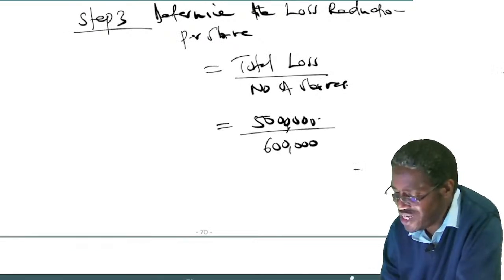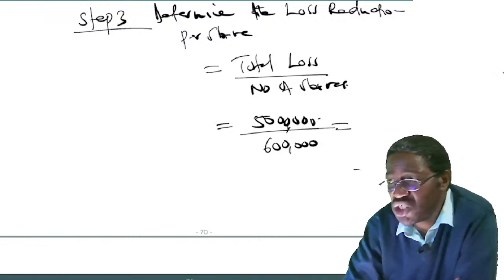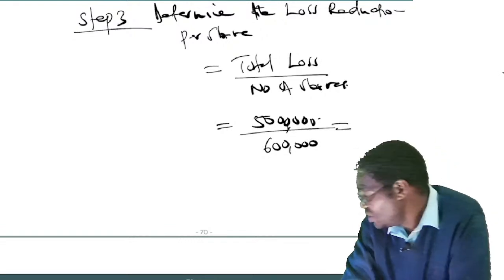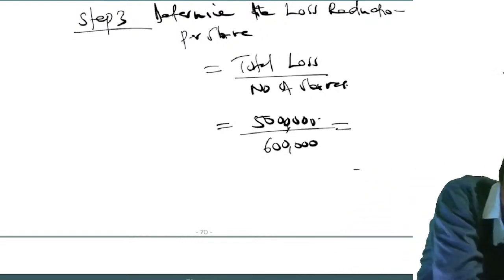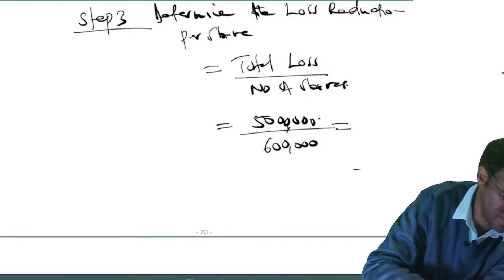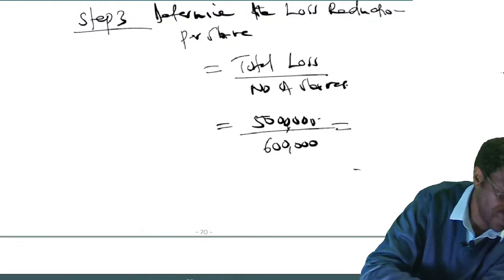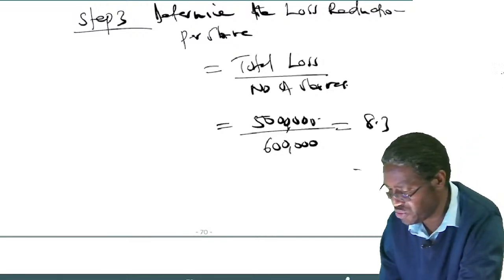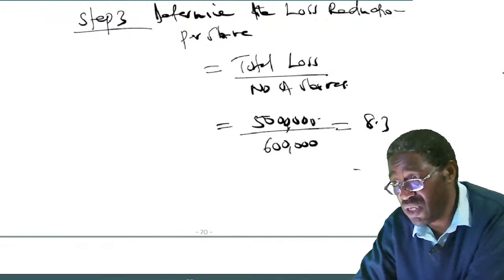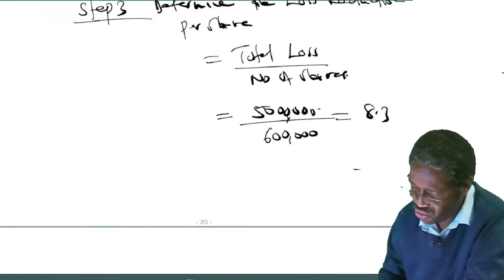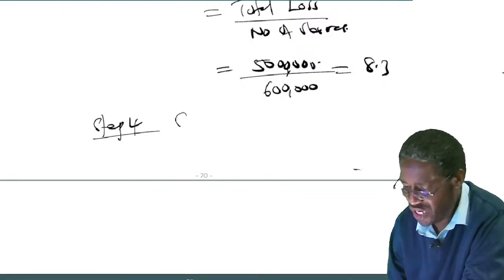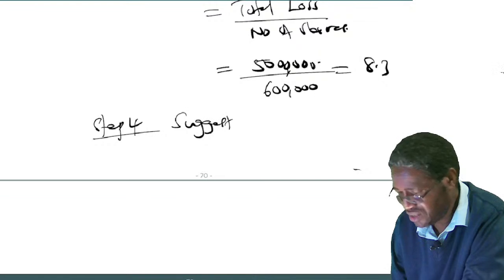So what shall we recommend as the amount to be written off per share? Let me divide 5 million by 600. That comes to something like 8.3. That is step 3. Now you go to step 4, the last one, where you now suggest a scheme.